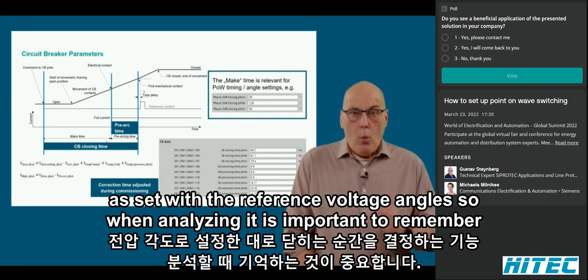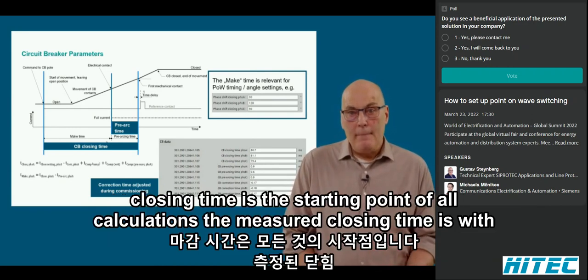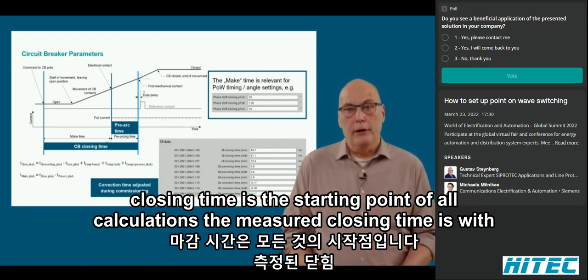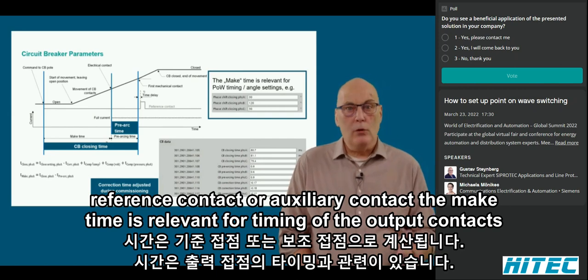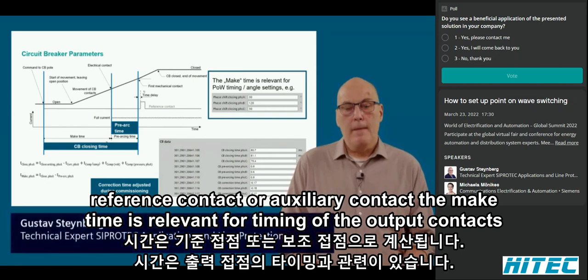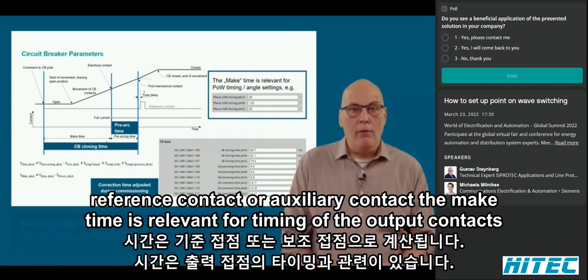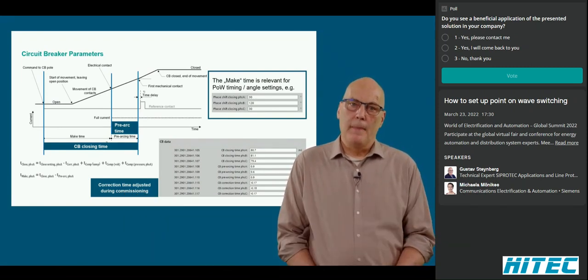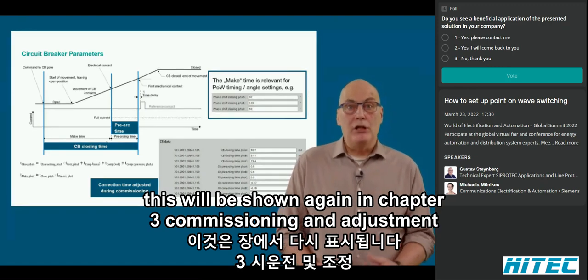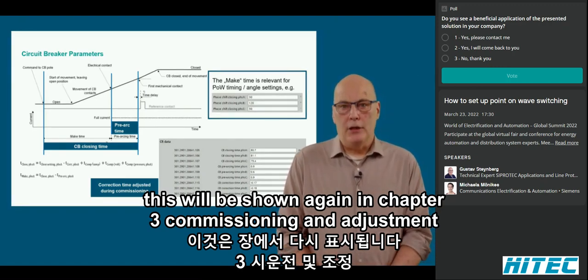So, when analyzing, it is important to remember closing time is the starting point of all calculations. The measured closing time is with reference contact or auxiliary contact. The make time is relevant for timing of the output contacts. The make time is measured with current or voltage on the load side after closing. This will be shown again in Chapter 3, Commissioning and Adjustment.